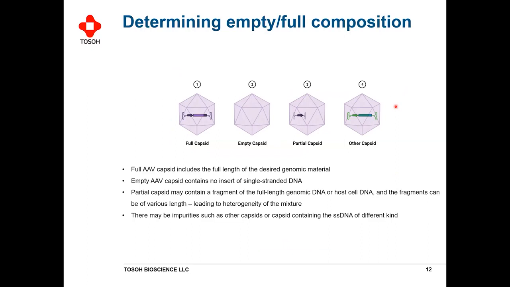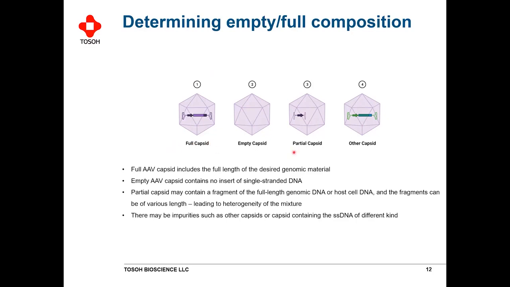Turning back to what we were talking about with empty-full composition, in my opinion, this is one of the most important questions. You're making these capsids, and you're trying to put some type of genomic information within the capsid. At the end of the day, we want to only produce 100% full capsids.